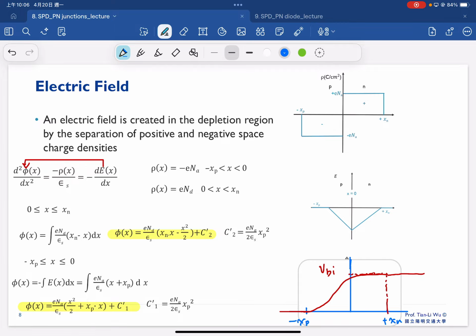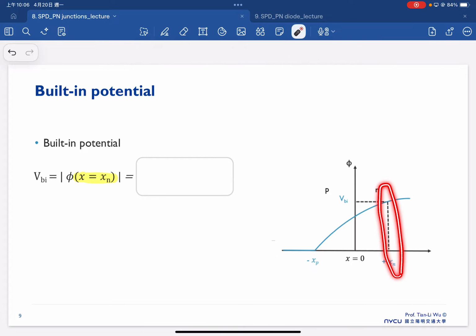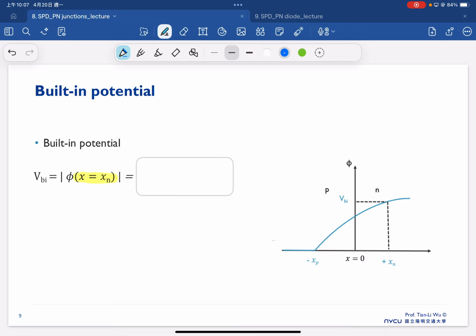So considering this equation at x equal to xn, which is the VBI, the built-in potential here, then we have this equation.